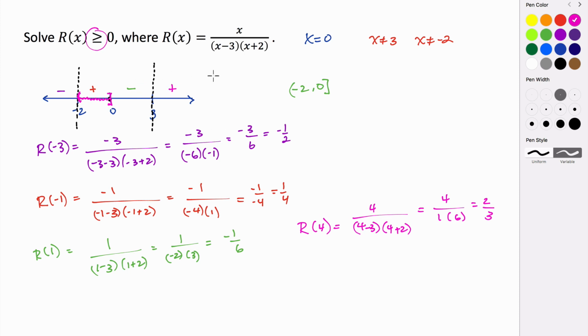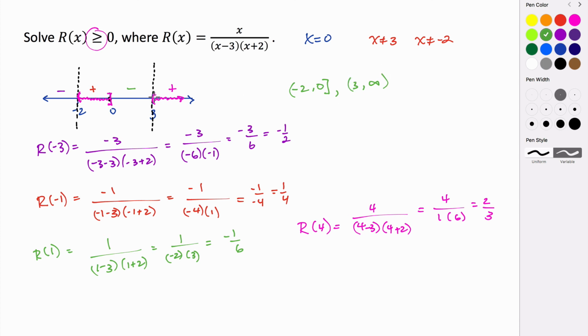And then we also know that this interval is positive. The left-hand side of this interval is a vertical asymptote, so we use a parenthesis there. The right side goes on forever, all the way off to infinity, so this goes from 3 to infinity. We use parentheses for both of these, because 3 comes from a vertical asymptote and we can never actually reach infinity.